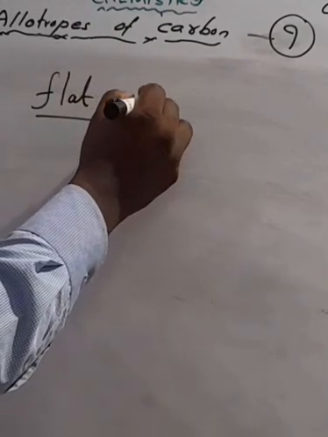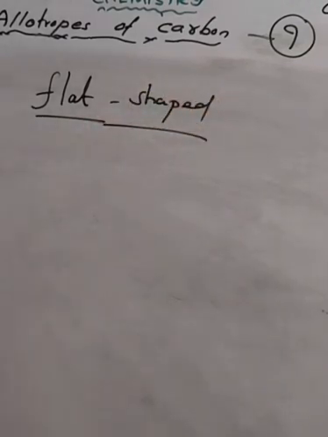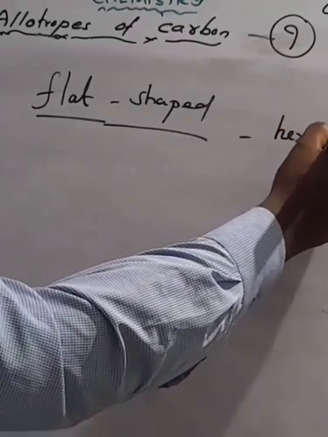Flat two-dimensional sheets. We can discuss the diagram. Having a number of sheets, when we look at the diagram, try to look at the diagram. Each sheet is a hexagonal net of sp2 hybridized carbon atoms.